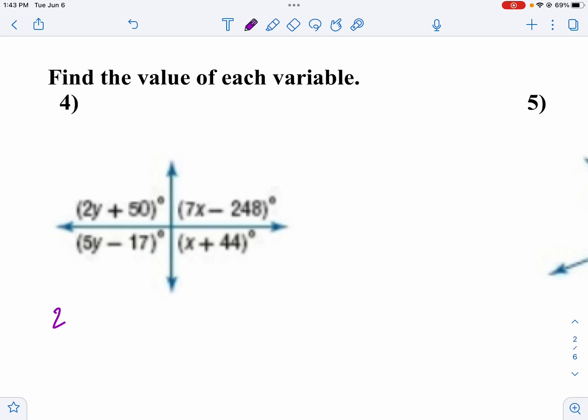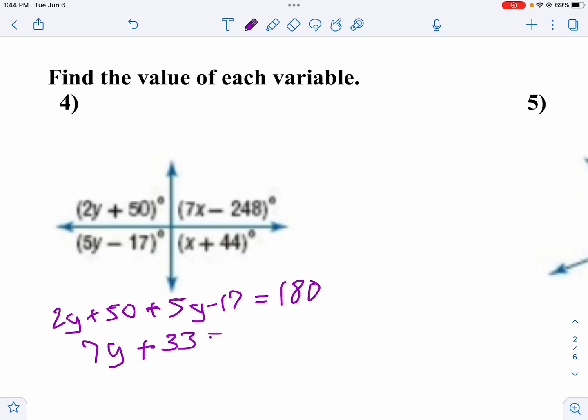So we're going to say 2y plus 50 plus 5y minus 17 equals 180. Simplify: 2y plus 5y is 7y, and 50 minus 17 is 33, equals 180.